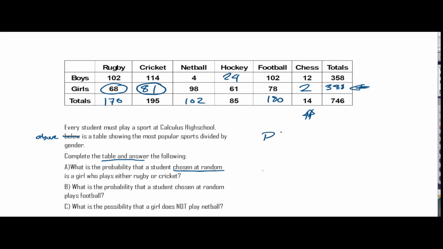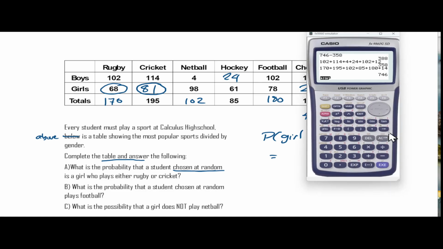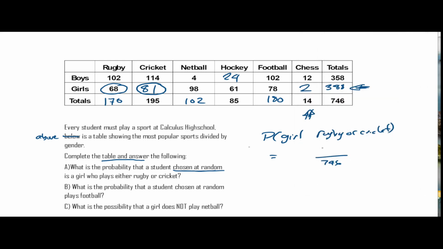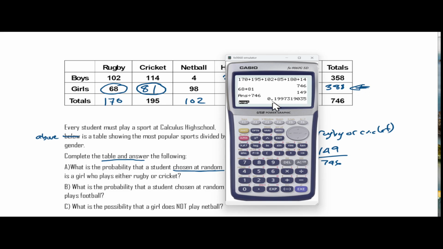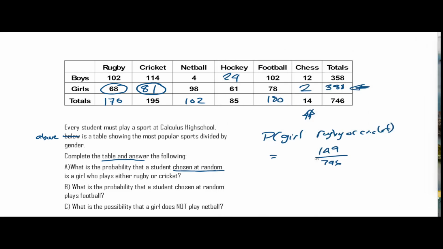So the probability that it's a girl who plays rugby or cricket is going to be something over 746. So how many are there? It's going to be 68 plus 81, 149. And I would probably leave it at that because the decimal is going to be some nasty number. So I just leave it as a proper fraction.